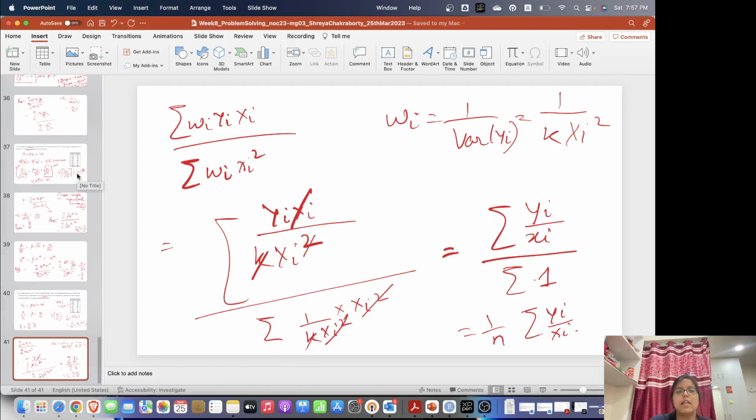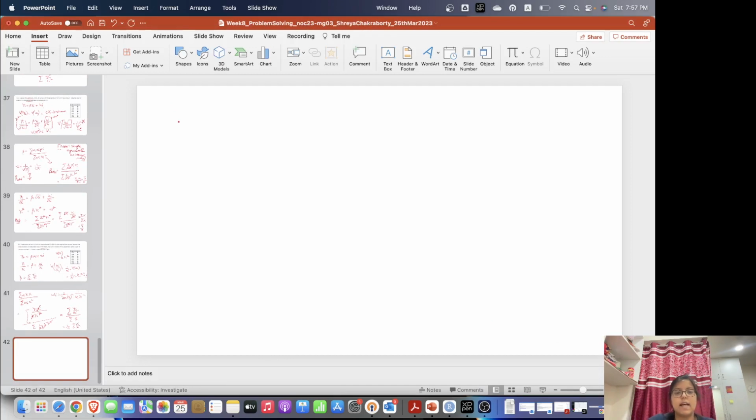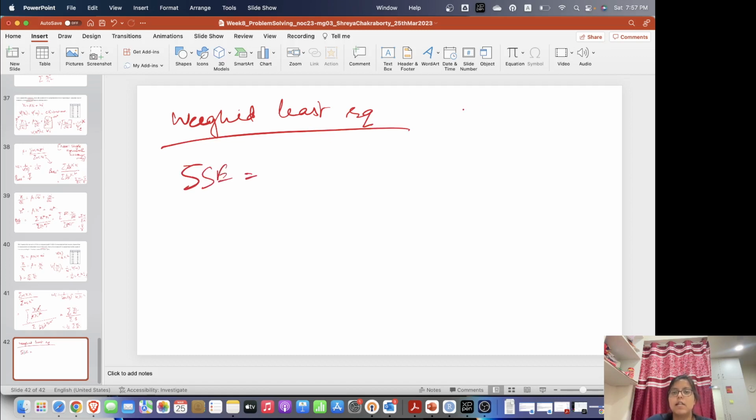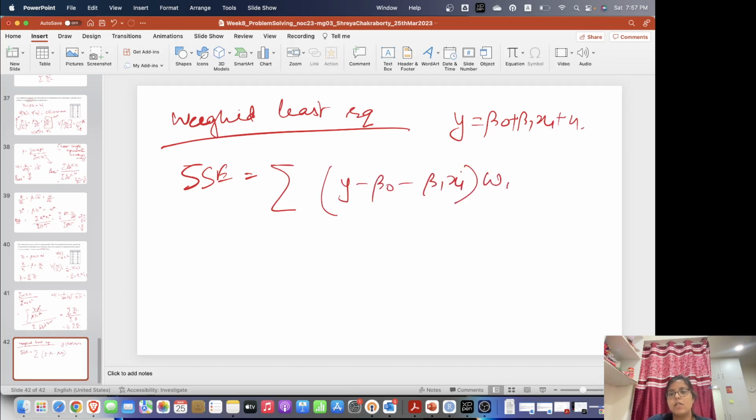So the main thing that I want to tell you is that whenever we are doing a weighted least square, we need to consider the weights in the model. So let's say if I have an intercept, my equation will be y minus beta naught minus beta 1 x1, squared, into some weight.